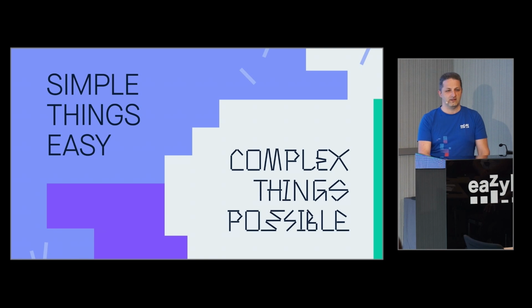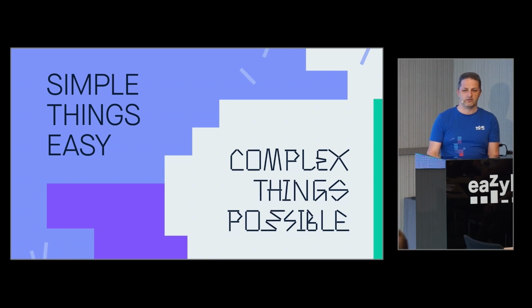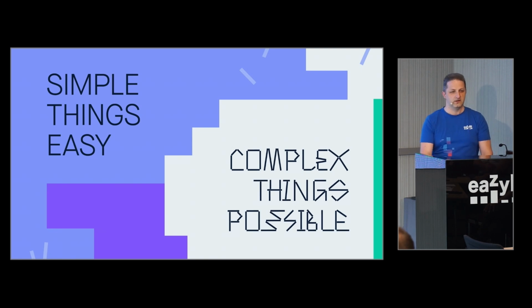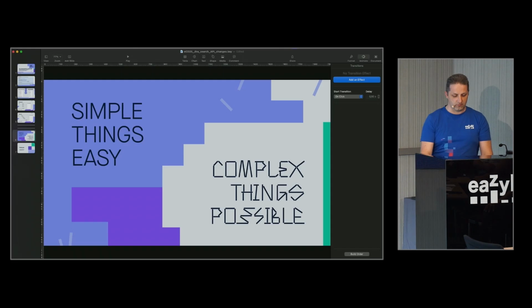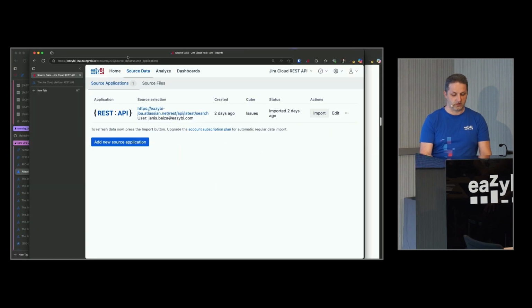But those are simple things. eazyBI can import directly from Jira, but for complex things you can create your own REST API imports to add additional data. Some of our customers have done it, creating REST API imports using those search APIs.